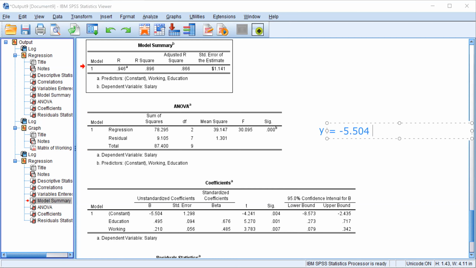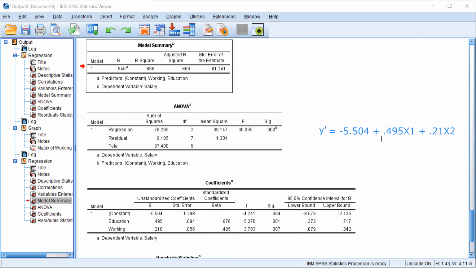The regression slope for education is 495, times x1, that's the education variable. The next slope is 0.210 times x2, that's the working variable. So this is our new regression equation with the two predictors in the equation.